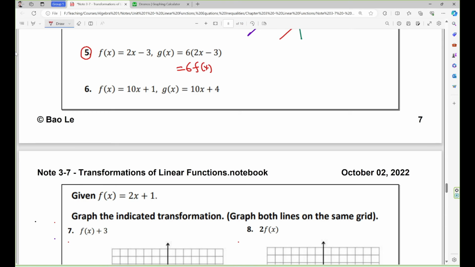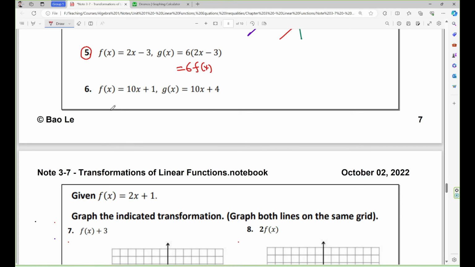Alright, so you just multiply the output by a number greater than 1. And you just learned in the note that when you multiply the output by a number greater than 1, you will get the new graph that is more vertical or vertical stretch.